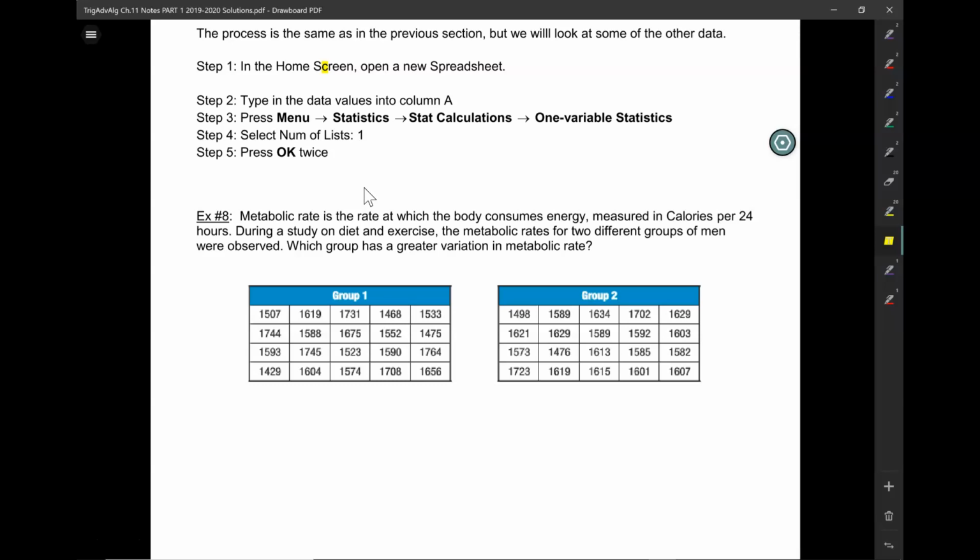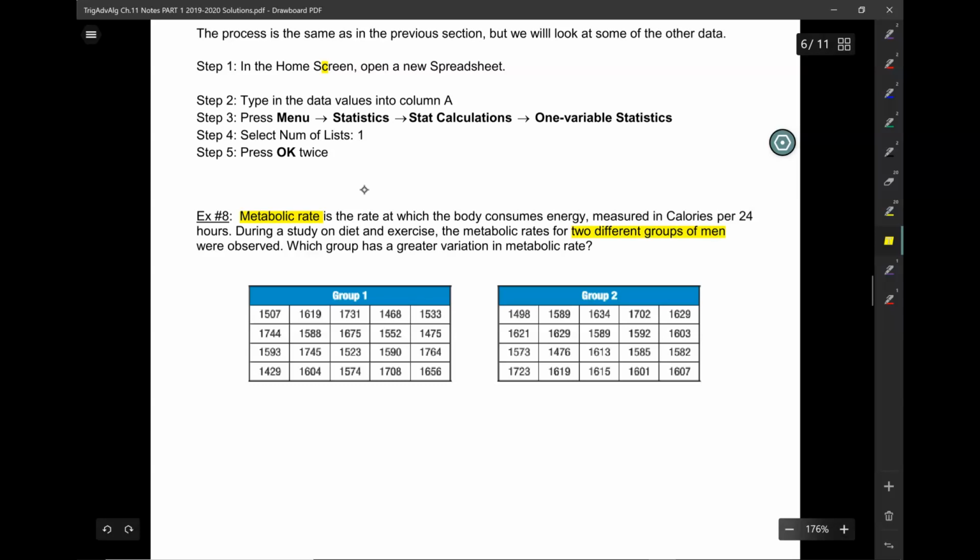All right, so let's talk about what the problem is. In example 8, it talks about metabolic rate, and this is the rate at which the body consumes energy, measured in calories per 24 hours. During a study on diet and exercise, the metabolic rates of two different groups of men were observed.